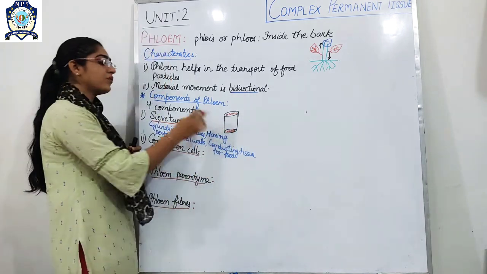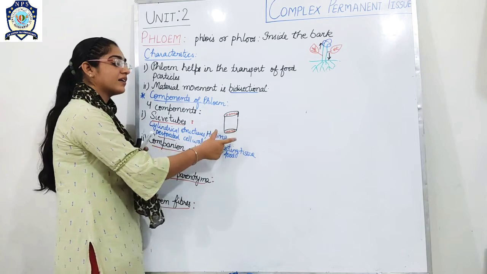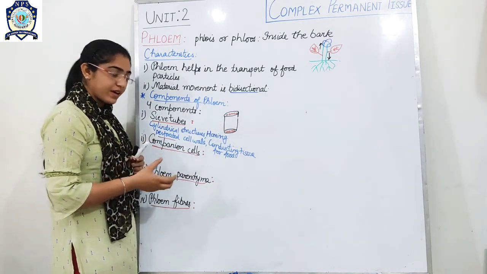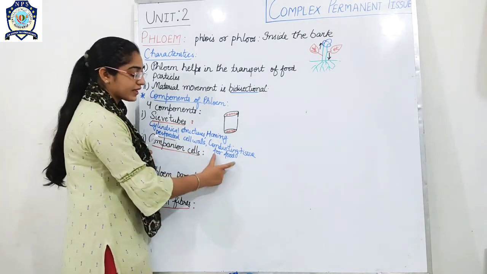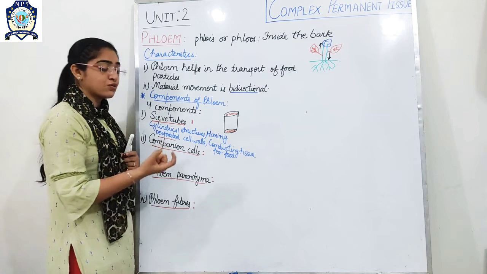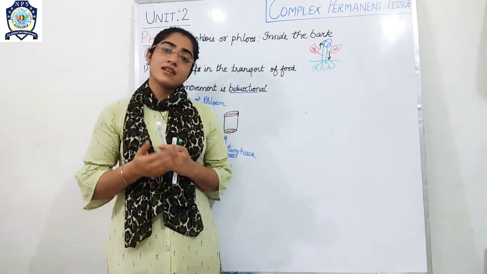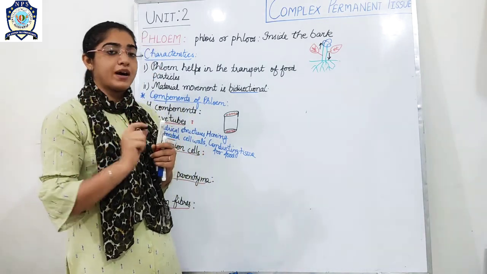That's why we say that sieve tubes have pores at their end walls. Am I clear? And the function of the sieve tube is the main conducting tissue for the food, which is transferred from the leaf to the other plant parts.